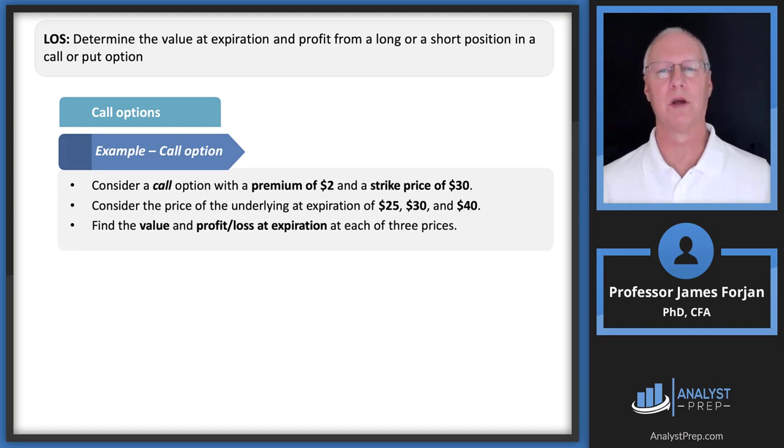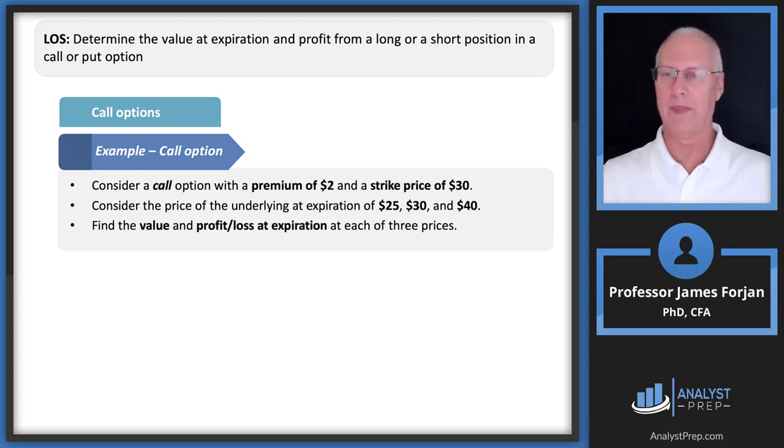So let's do a couple of quick examples here. Call premium of $2, exercise price of $30. Consider the price of the underlying asset at $25, $30, or $40. Now remember, I'll just assume that you're playing the role of the option owner and I'm playing the role of the option writer, you pay me that $2 today.